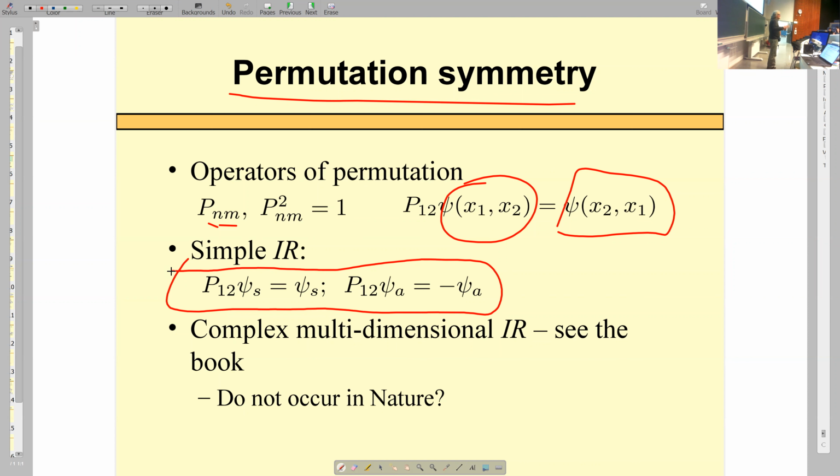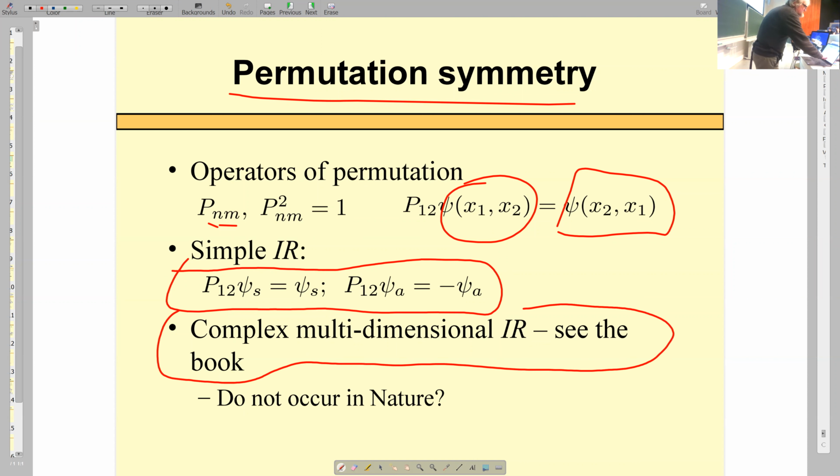So each group can be represented as a subset of a permutation group for a sufficiently big number of permuting particles, right? And it implies that there are more complex, multidimensional, irreducible representations.